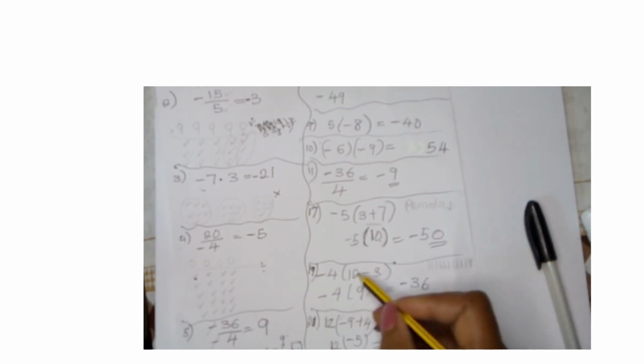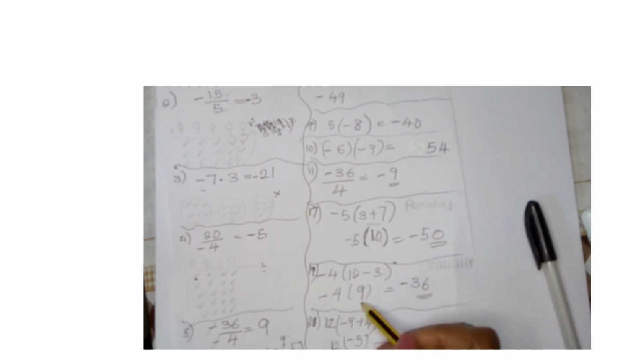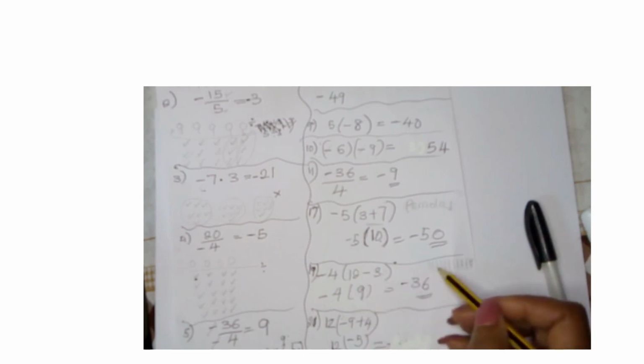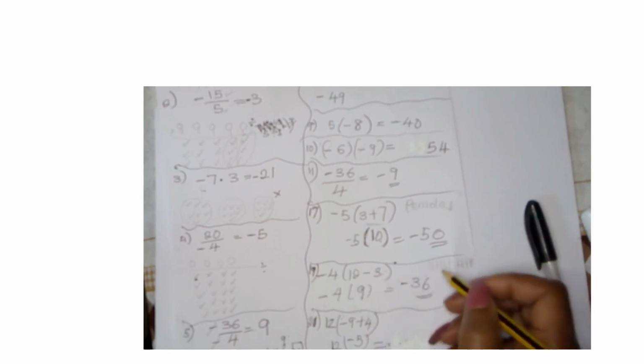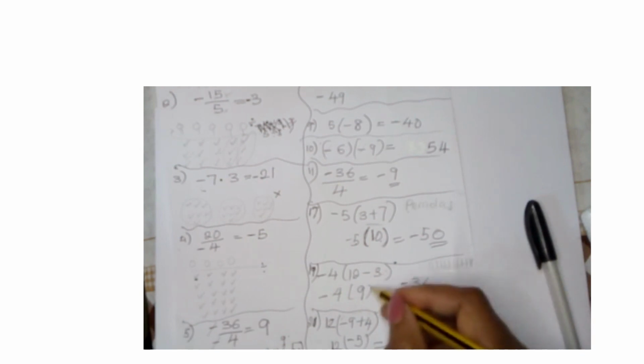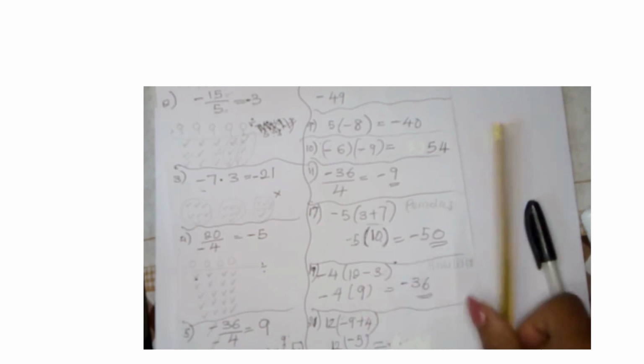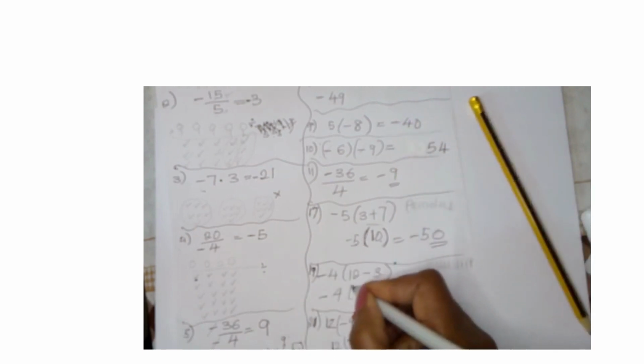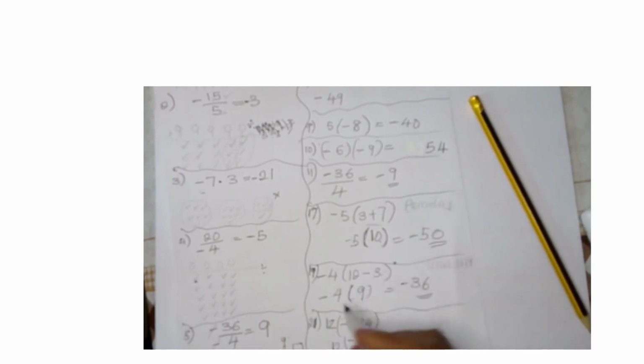So this one is to confirm that the answer is correct. You can count. 12 minus 3 will give you 9. 12 minus 9 will give you 3. Alright, so now you bring down negative 4 and you multiply. Negative 4 times 9 is the same thing. See, that's what I was telling you. Negative 4 times 9 is going to give you negative 36.